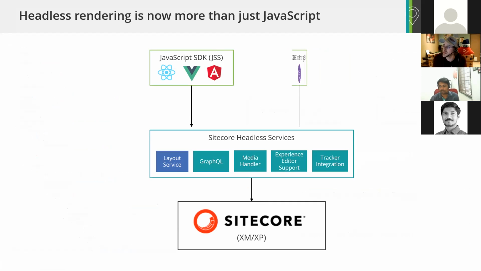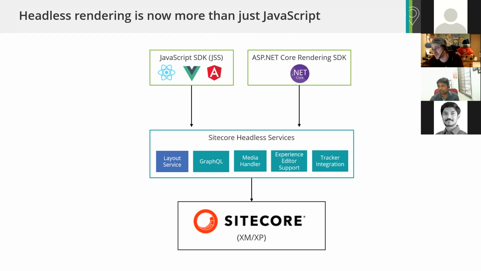So with Core 10, we introduced another rendering option that was not JavaScript, and that was ASP.NET Core. So our ASP.NET Core SDK uses the same architecture as JSS, consumes the same services. In fact, the module that you need to install to use ASP.NET Core used to be called Sitecore JavaScript Services Server.